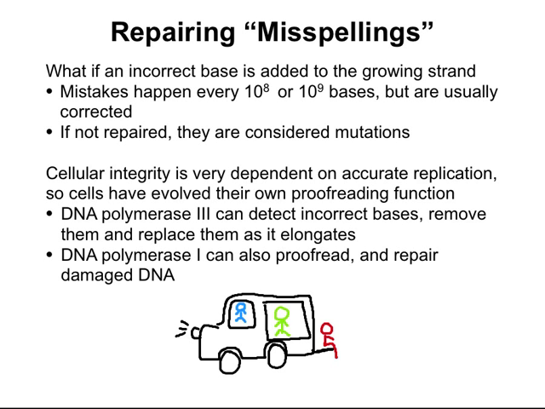Anyway, this van is my analogy for DNA polymerase III. DNA polymerase I can also proofread, but it doesn't do it as it's elongating a strand. It essentially roams around proofreading DNA to make sure that everything's in place. So there are 2 mechanisms that evolved to make sure everything goes right.